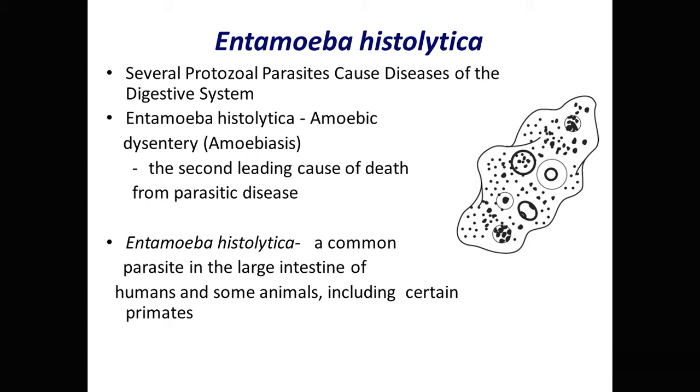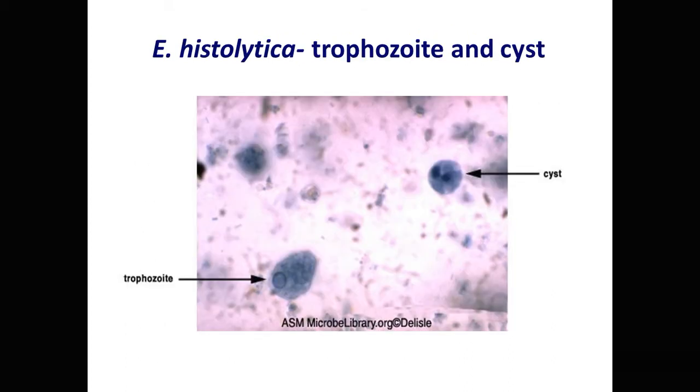This is bloody diarrhea. Entamoeba histolytica is the second leading cause of death from parasitic diseases, and it is spread through contaminated water or food. It resides in the large intestine in humans and some animals, including primates.